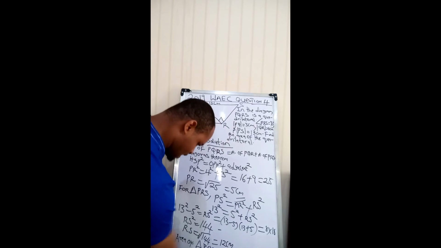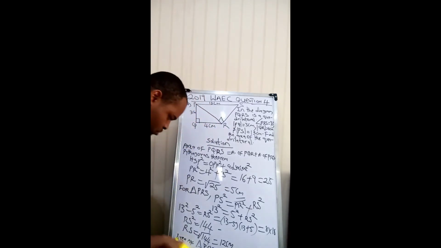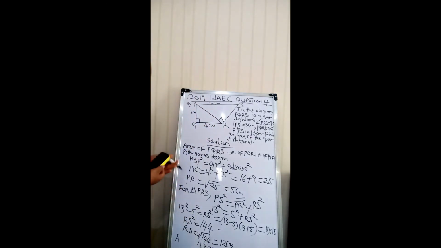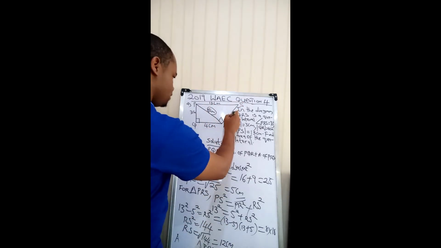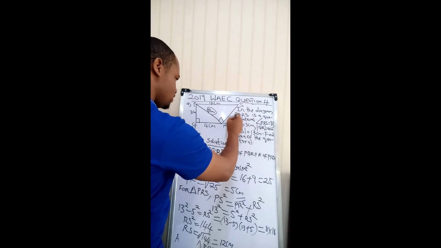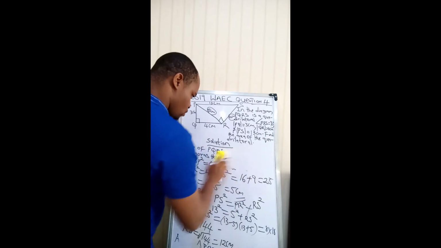Let me put in all the values we've gotten. For PR, we got 5 cm. And for RS, we got 12 cm. Don't forget that. These are the two values we got, so that when I clean, we'll be able to see what we are doing.